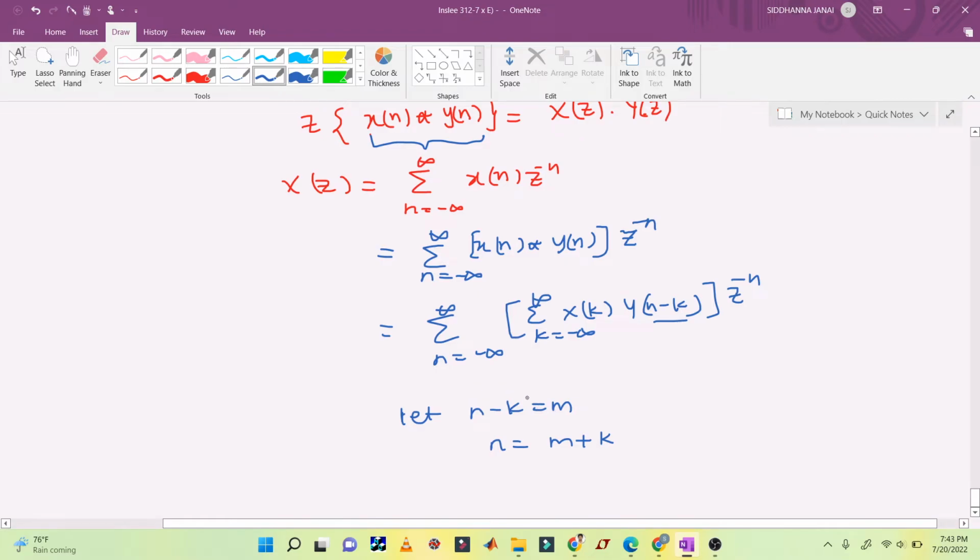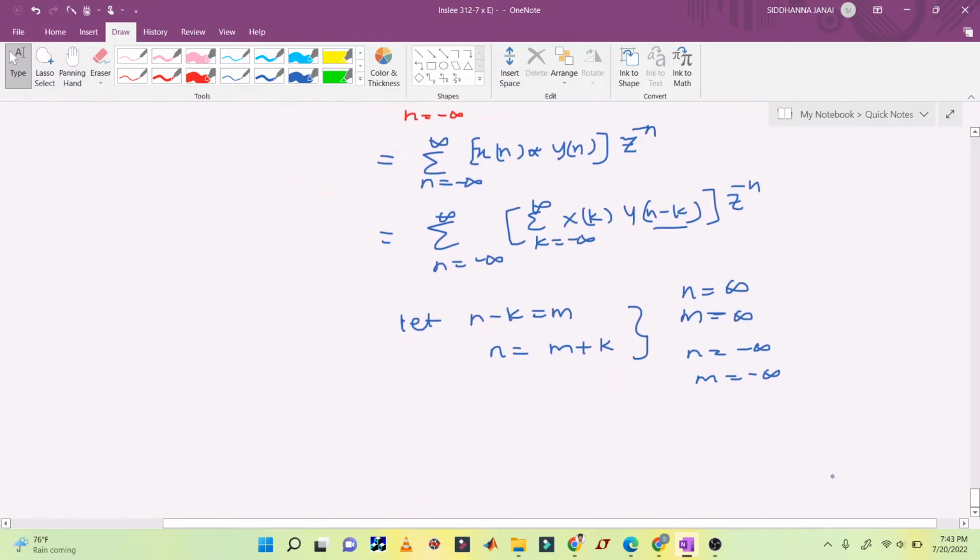If n tends to infinity, m also tends to infinity. If n is equal to minus infinity, m is also minus infinity. Using this, we have to change. Actually, I said that we no need to change the limits. We can easily change the limits now.